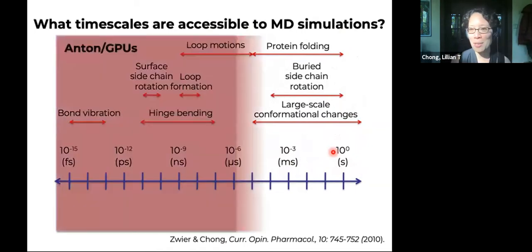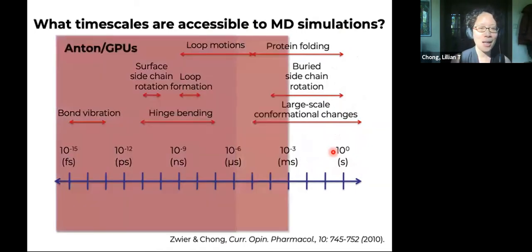With the Anton special purpose supercomputer, as well as GPUs, we might be able to reach milliseconds for certain small systems. But we still want to be able to access these motions beyond the millisecond timescale. So how do we do that?